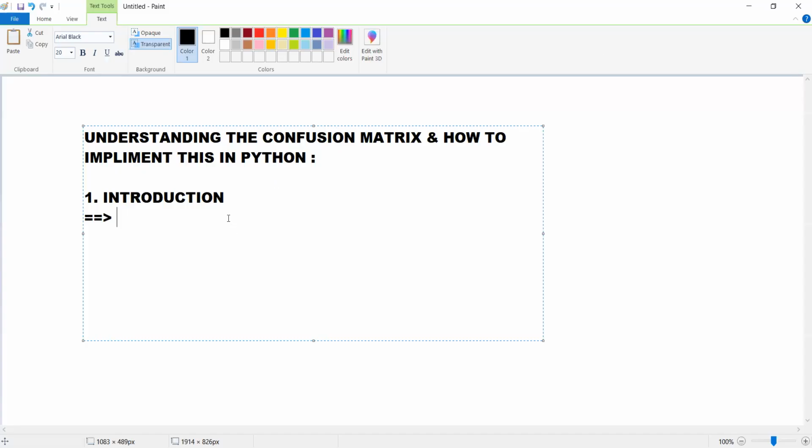So in the introduction, anyone can build a machine learning model with a few lines of Python code. But what do I mean by a good machine learning model?